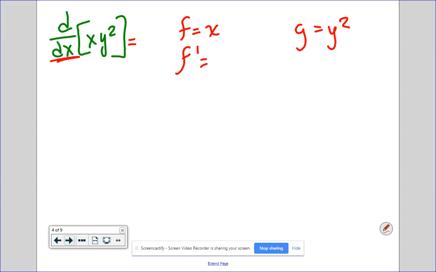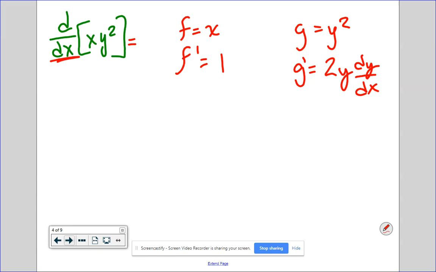So it's just 1. G prime, I'm doing the derivative of y squared with respect to x. So the derivative of y squared is 2y dy dx.